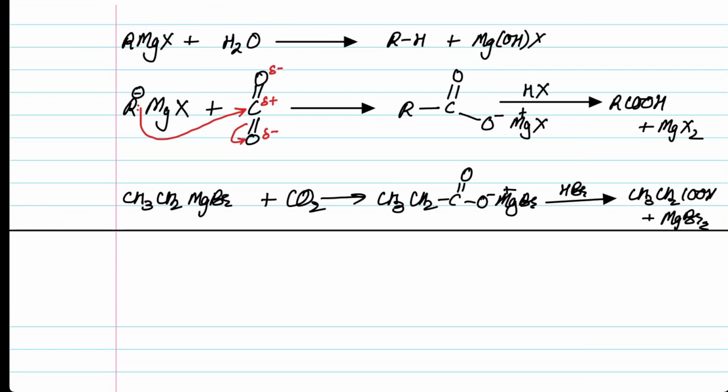So as you can very well see, this Grignard reagent is going to give us a carboxylic acid. We started with ethyl magnesium bromide and ended with propanoic acid. So one carbon has increased.